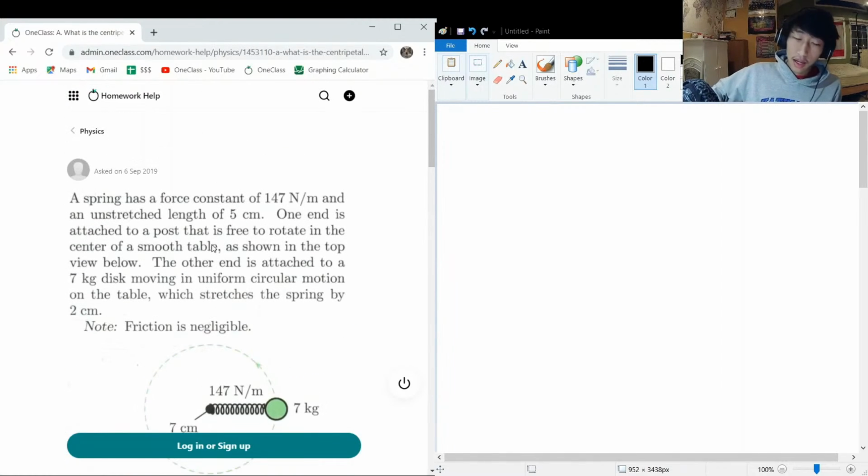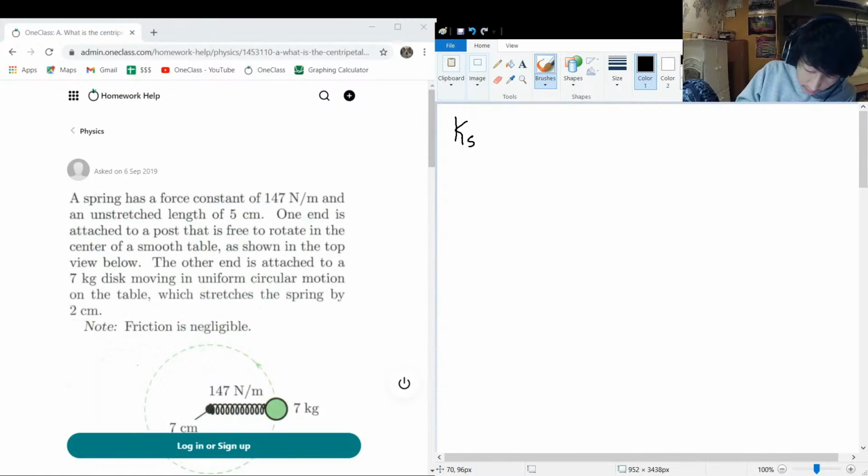Let's go back to the question and extract our information of interest. The first thing is the spring has a force constant of 147 newtons per meter. Let's call that K. Typically K is what you use to represent a spring constant, so let's call that Ks for constant spring.